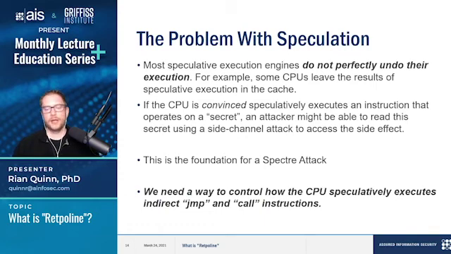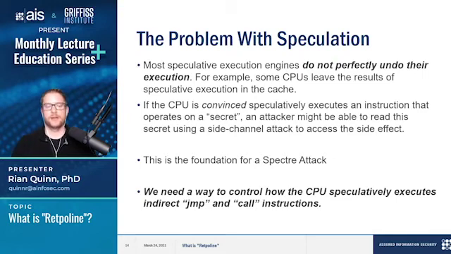All right, so here's the problem with speculation. When the CPU makes a guess, it has to perfectly undo that execution if it guesses wrong. Well, in reality, that's not what happens. CPUs leave things behind. It's actually possible for a CPU to not completely undo the execution of certain instructions and still keep the state of the CPU such that the execution of the application is correct.